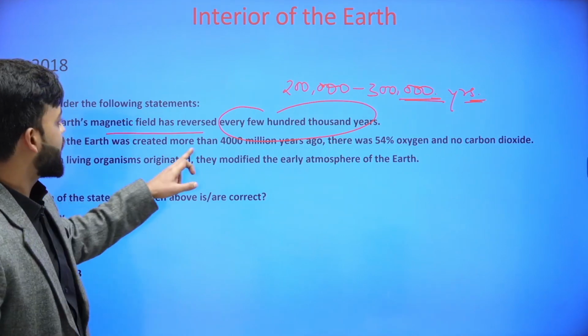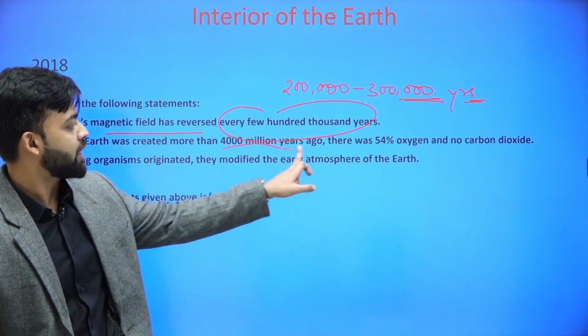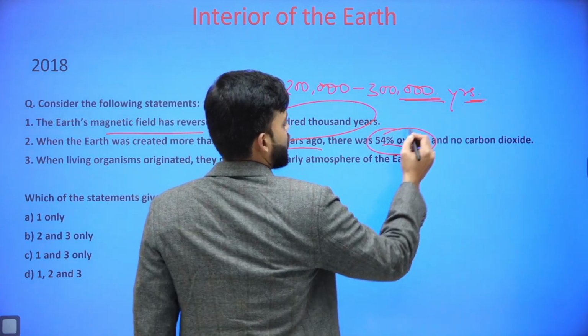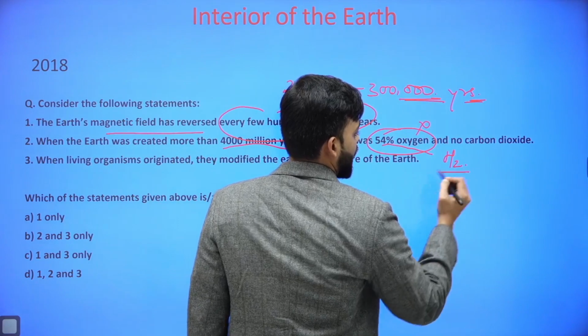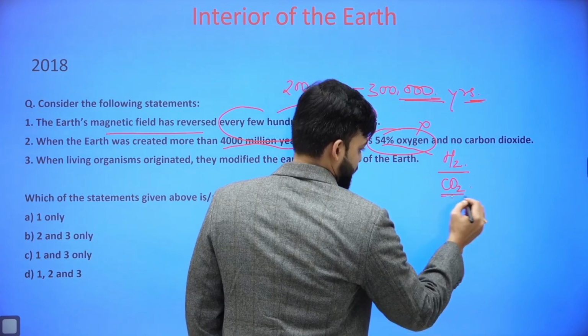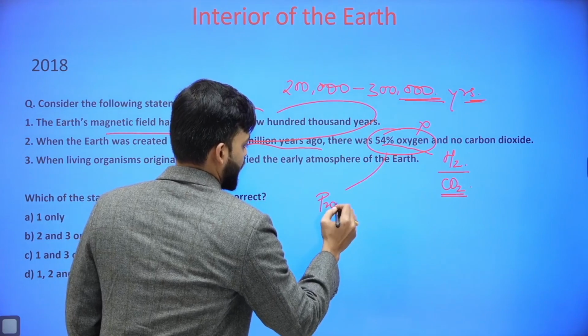Second statement, when the Earth was created more than 4,000 million years ago, there was 54% oxygen. No, there was no oxygen. In primordial atmosphere, there was hydrogen, and during Archean eon, there was CO2 and inert gases. And oxygen came in Proterozoic eon.